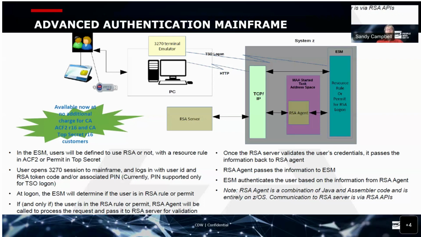At logon, ACF2 or Top Secret will determine whether you have to have RSA or not, and if so, the agent will be called to process the request and then return your valid user credentials and pass that on, and you'll be able to log on. So they all kind of work the same, a little different, right? But again, this is free to anyone who owns ACF2 and Top Secret.